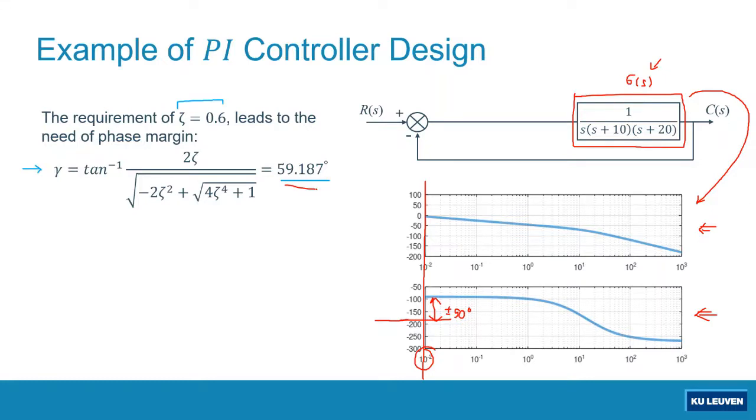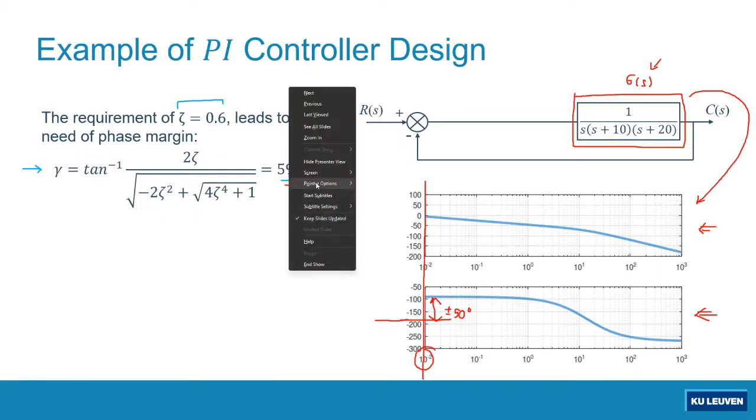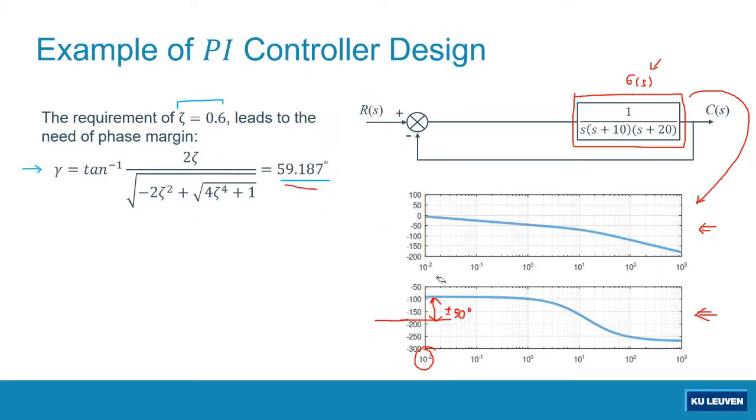We need to manipulate this Bode diagram such that the phase margin is equal to 59.187. How to do that? Let me erase this again.